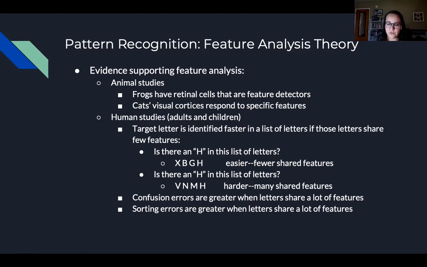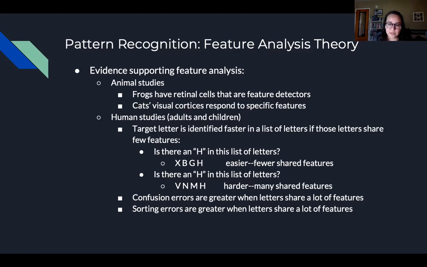Then they had to look through a list of letters and decide whether it actually appeared in the list or not. Their decisions were faster when the letters in the list shared very few features with the target letter. This shows us that fewer shared features meant that the target letter was more distinct in comparison to the other letters, because it stood out more readily to these participants.